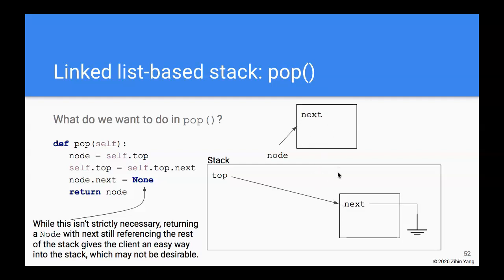Because that pointer would point to the current top of the stack, and that's one of those internal implementation details that we don't really want the client code to have access to. So that's why we set this to None before returning it.